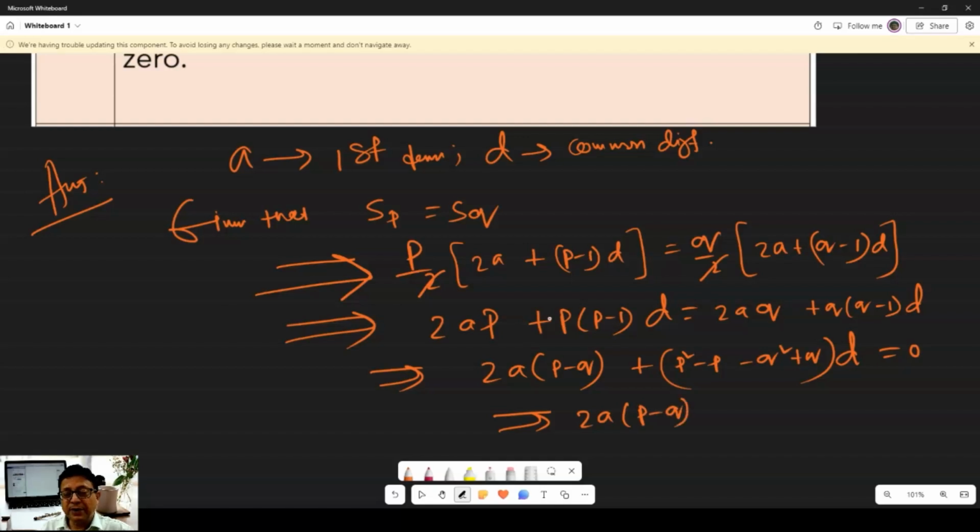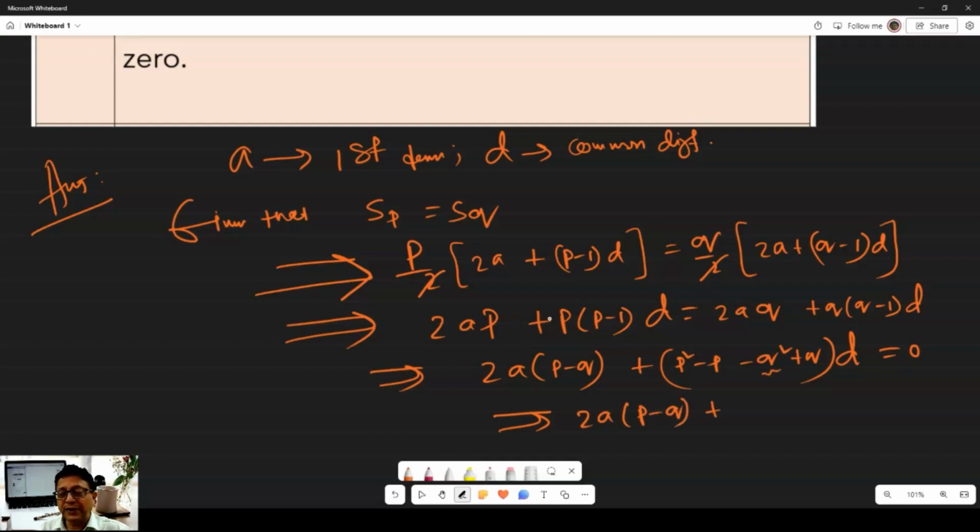So twice A (P minus Q), you factorize this. Write (P plus Q)(P minus Q), minus 1 common, (P minus Q) into D is equal to 0. Clear?